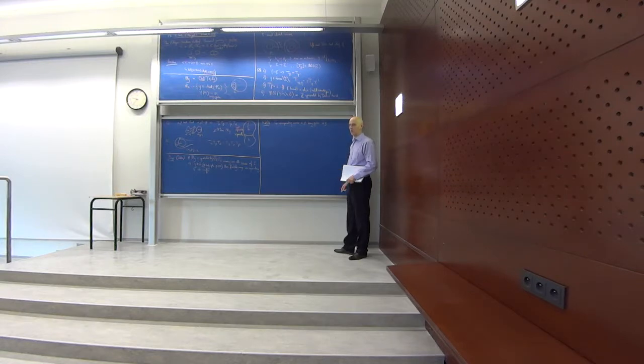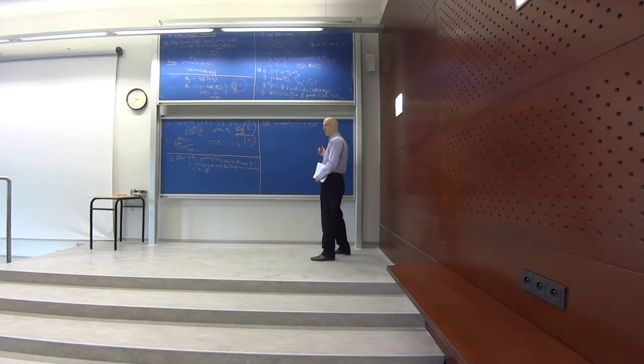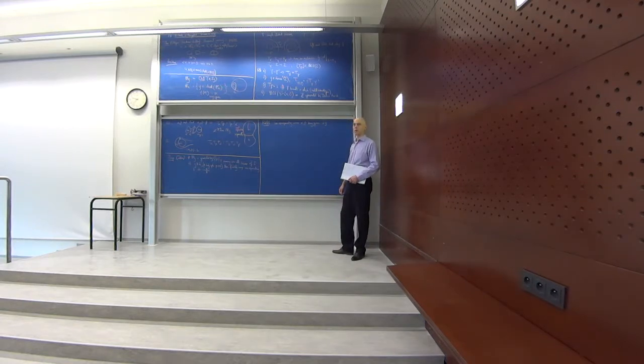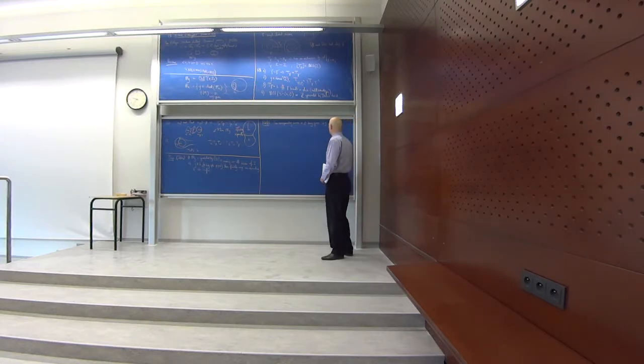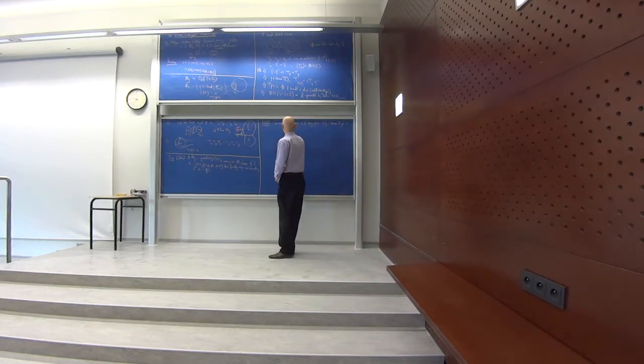I'm tempted to write phi belongs to the mapping class group, but actually the mapping class group does not act on the surface. This is a very old problem. So it would be completely wrong if I write phi belongs to the mapping class group and phi of alpha equals phi of beta. But anyway, I'm writing phi belongs to the homeomorphism group of sigma g, like that, phi of alpha equals beta.